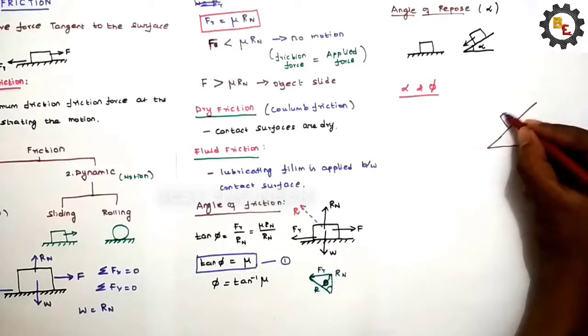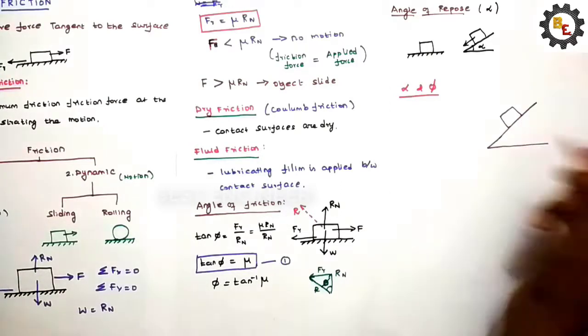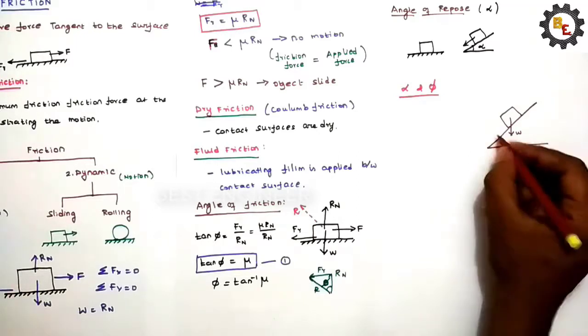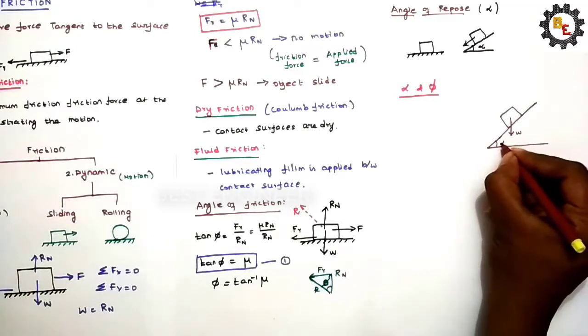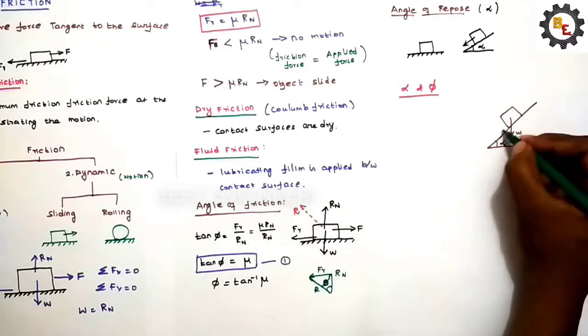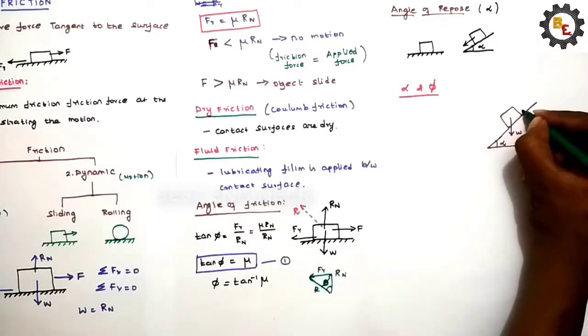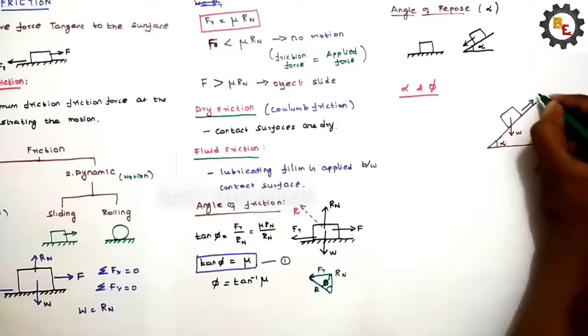There is an object over the inclined plane. The weight of the object is W and that angle is alpha. The object starts sliding, so the friction force will act here, that is mu into Rn.